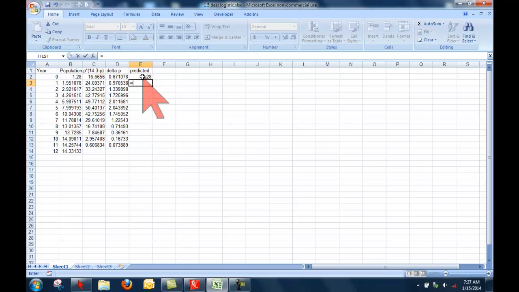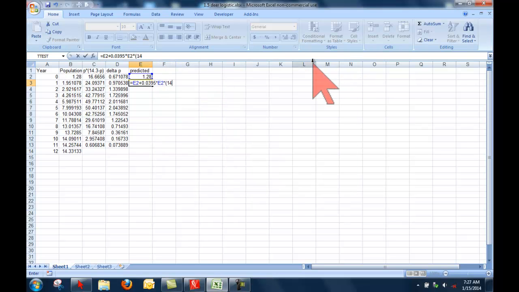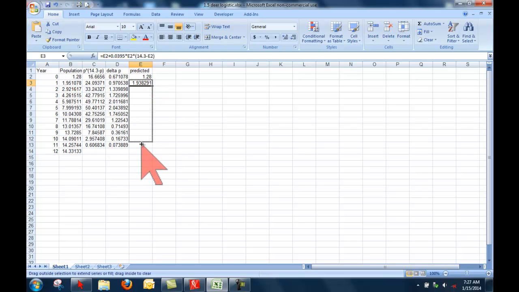Each population is the previous one plus my 0.0395 times the previous population times 14.3 minus the previous population, like this. And if I take that formula and drag down, we get here.